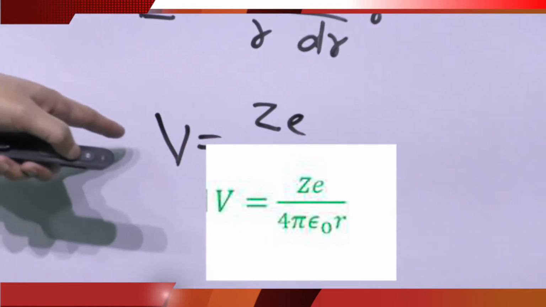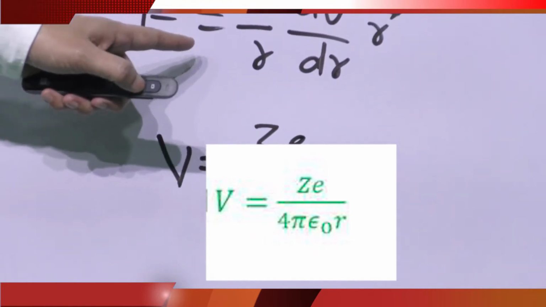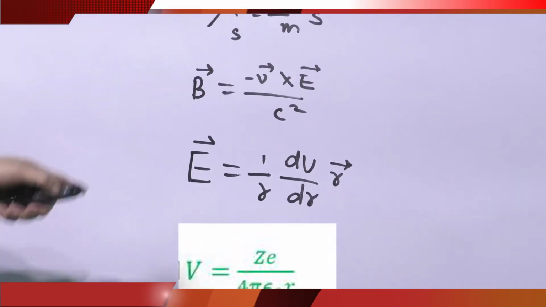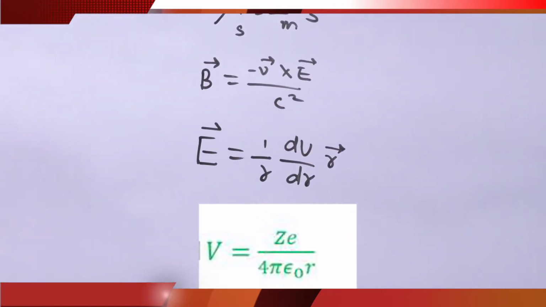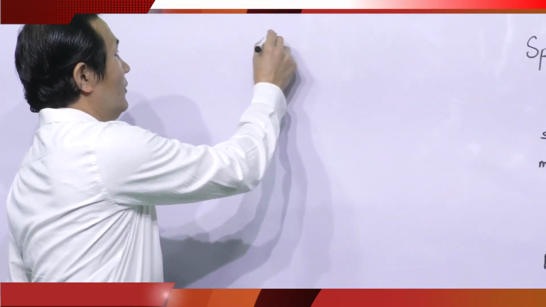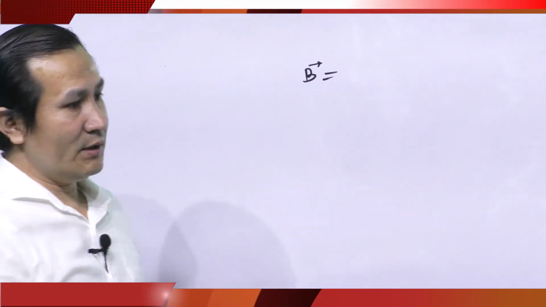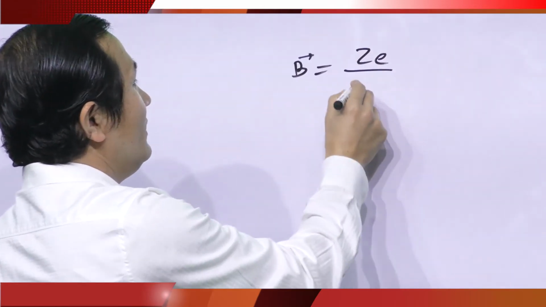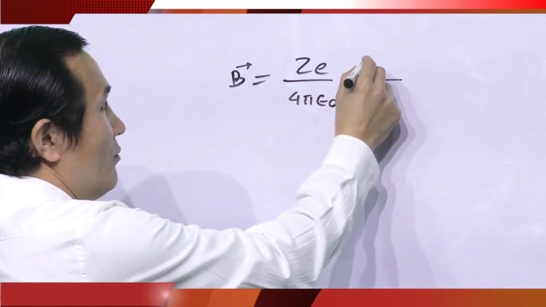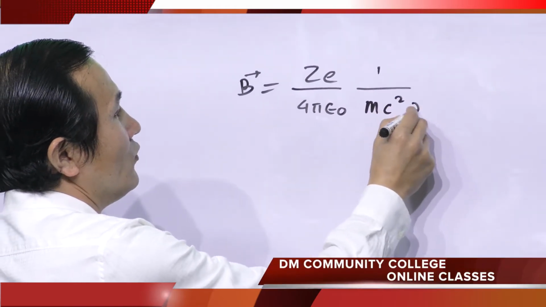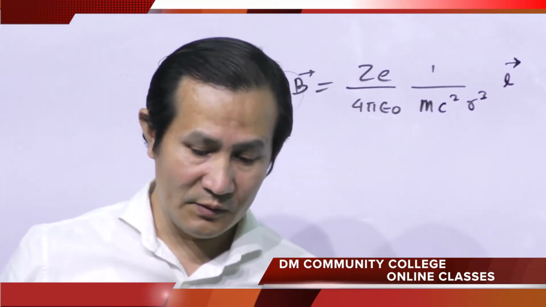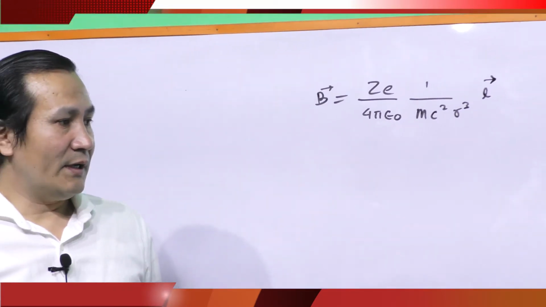Now insert these values of E in the expression for the magnetic field. What you get is that the magnetic field experienced by the electron is Ze by 4 pi epsilon naught times 1 by m c squared r cubed times the vector L. This is the expression for the magnetic field experienced by the electron.